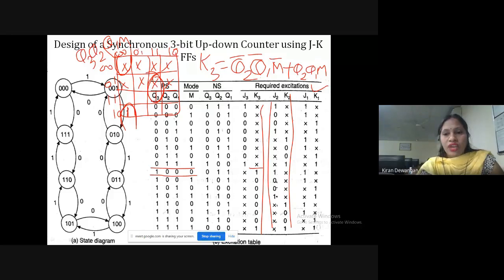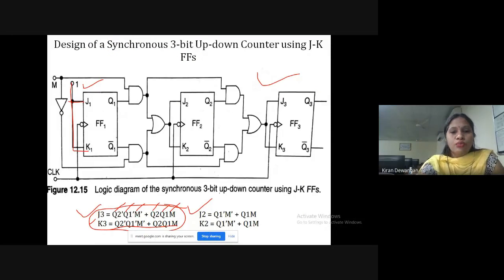So based on these expressions, we will be designing this synchronous up-down counter, 3-bit up-down counter. Now we know that we have made use of JK flip-flops, 3 JK flip-flops. So let us start with the designing part. So this is our J1, K1, first JK flip-flop. This is our second JK flip-flop. This is our third JK flip-flop.